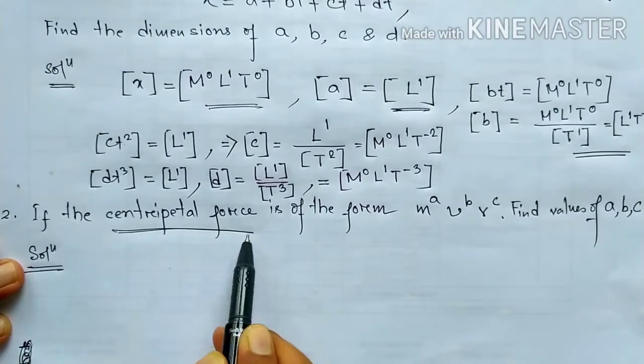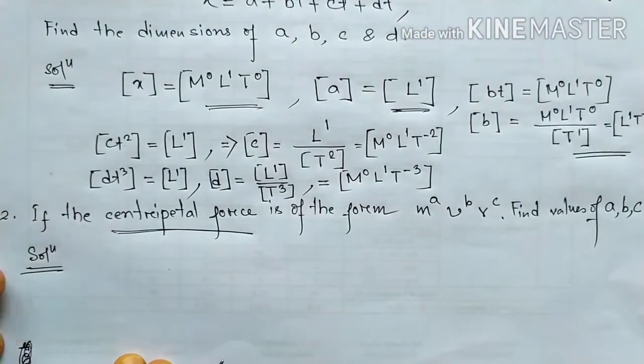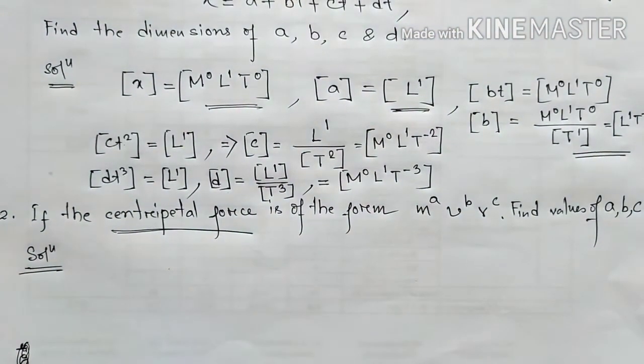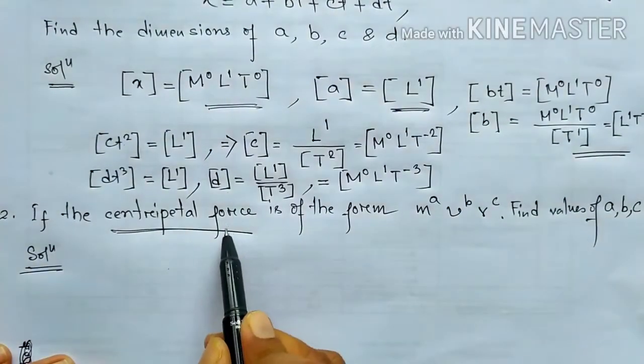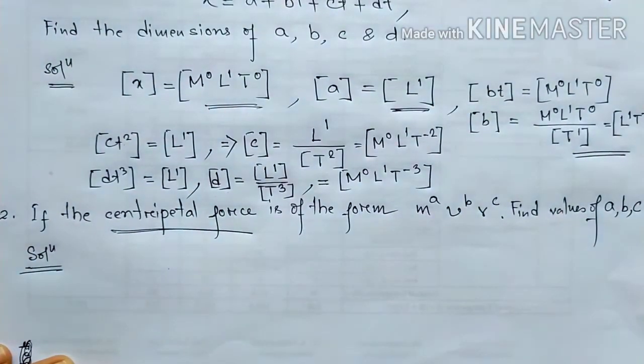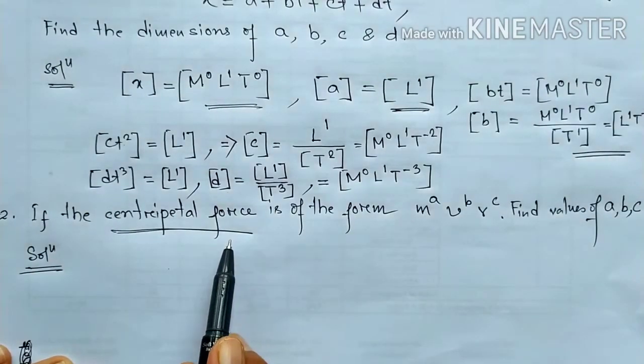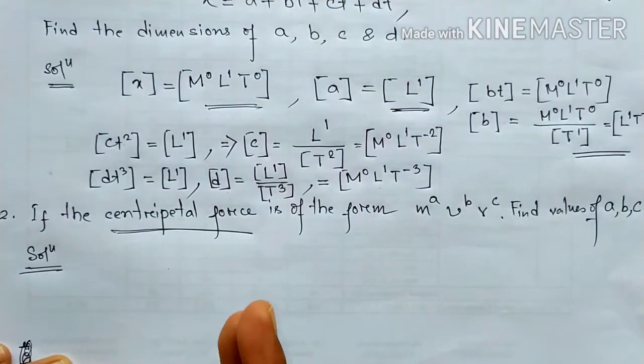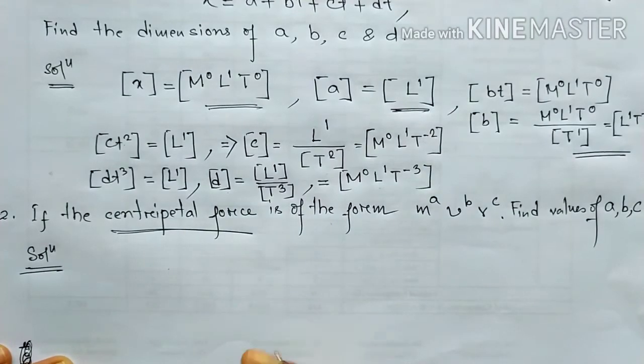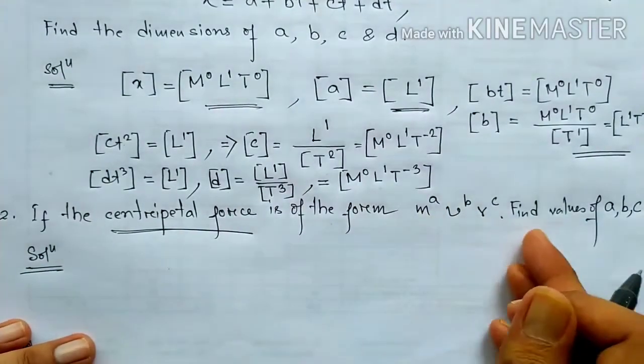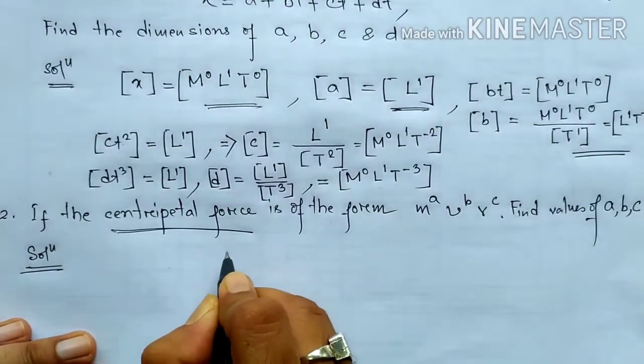Centripetal force. I am not going into details of centripetal force, but you can trust me that centripetal force is also basically a force. So when we are considering the dimensions, the dimension of the centripetal force will be equal to the dimension of force.